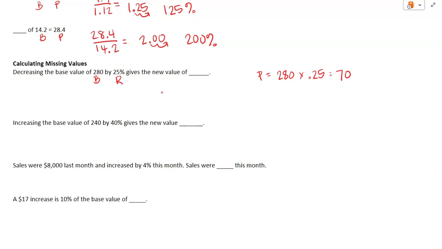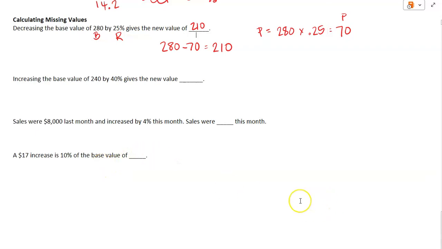So decreasing the base value by 25%. So if 70 was 25% of my base value, I'm going to subtract that. This becomes 210. So decreasing the base value of 280 by 25% gives the new value of 210.